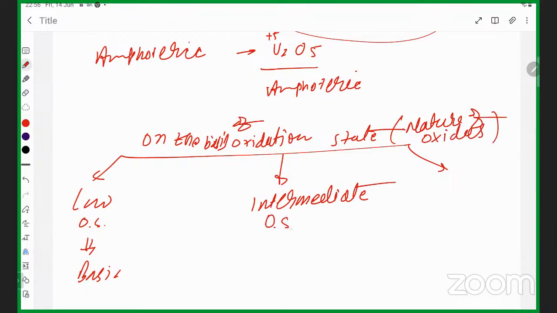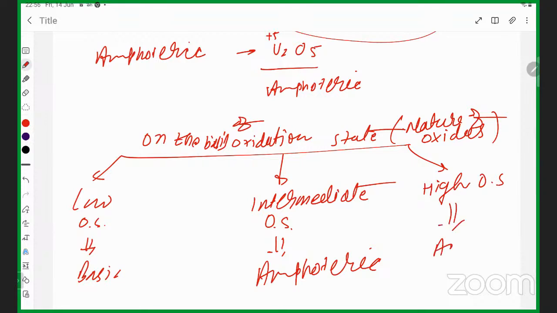Intermediate oxidation state is going to be amphoteric. High oxidation state is going to be acidic.